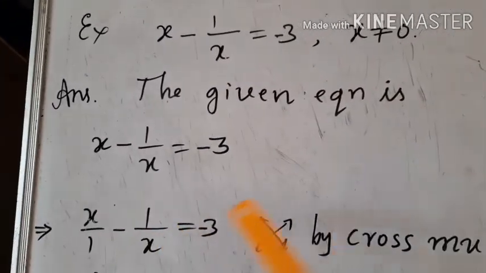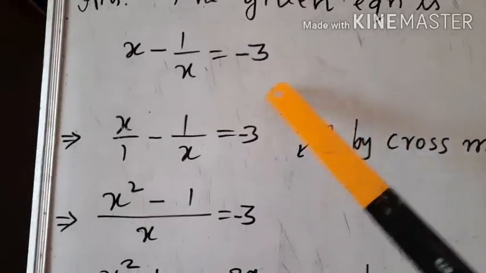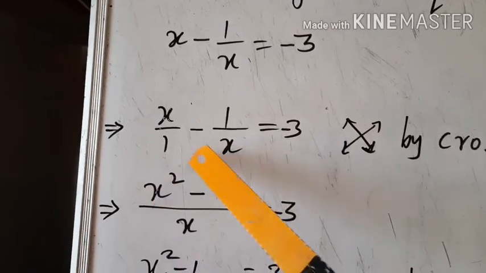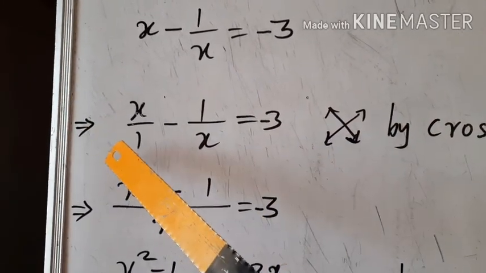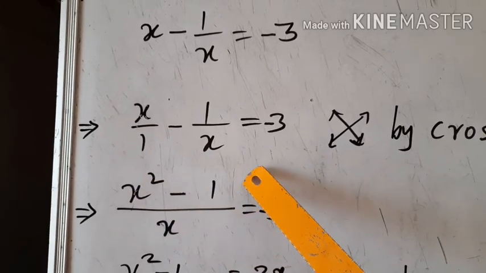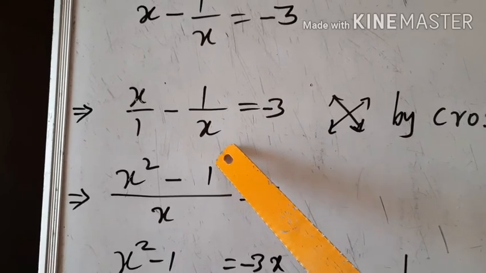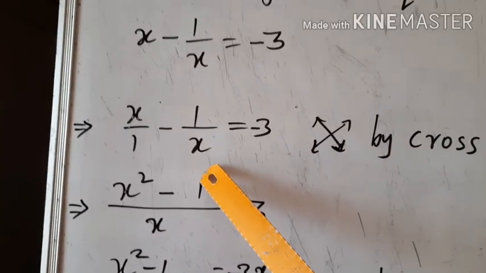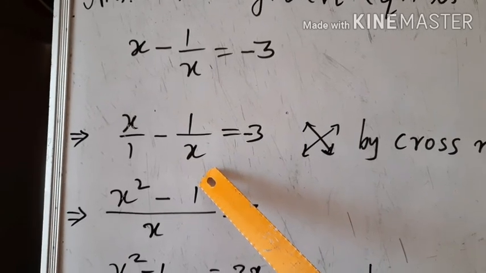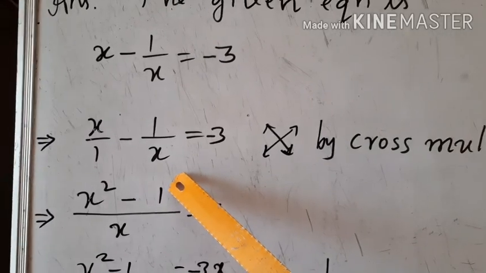See here, the given equation is x minus 1 by x is equal to minus 3, and I can write this x as x by 1, minus 1 by x is equal to minus 3. The denominators 1 and x are there. Here x is unknown. If both the denominators are known, then we find their LCM and proceed. Here x is unknown, that is why instead of taking the LCM, we take the cross multiplication.